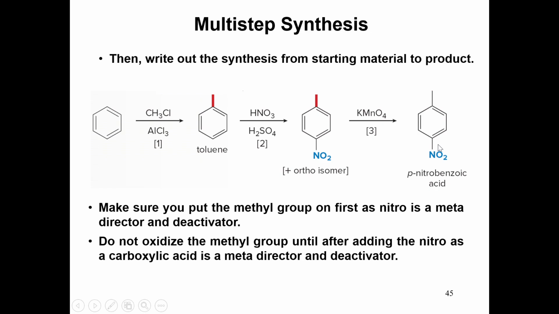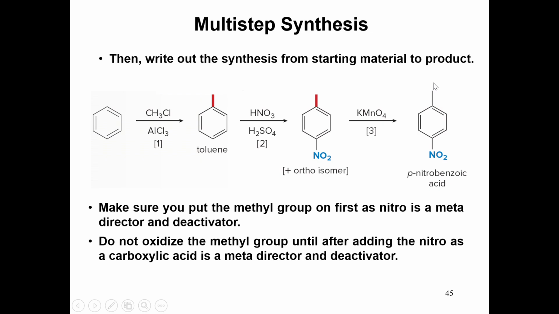The next step is the oxidation reaction of the methyl group. We oxidize this methyl group, CH3, to the COOH acid group. The name here is para-nitrobenzoic acid. This is a benzoic acid, a benzene plus the acid group. Again, the structure here is not correct.